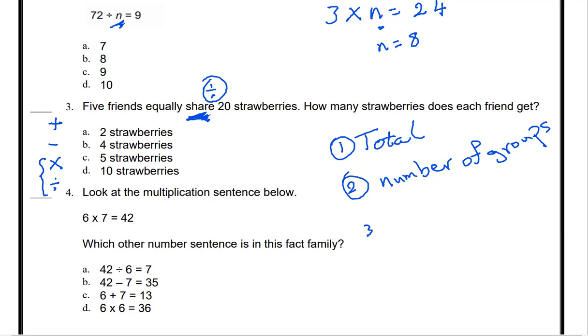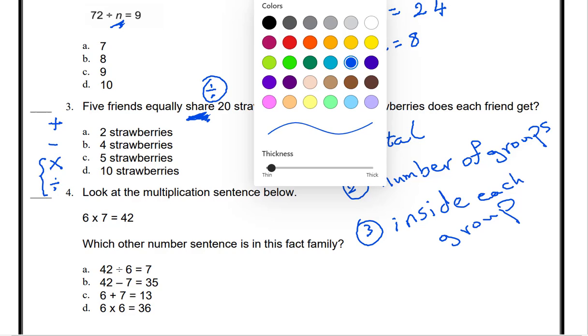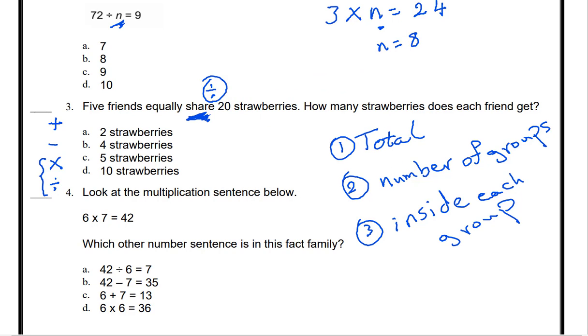The third thing is the number inside each group. To summarize, my heroes, if you need to find the total, you need to multiply. But if you need to find the number of groups or the number inside each group, you should divide.